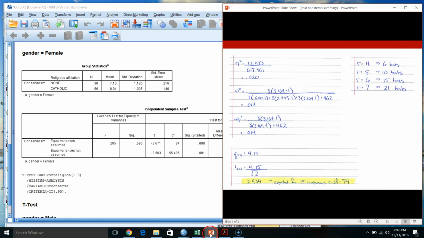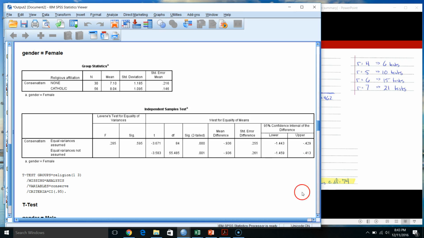But recall that what we need to do is take a look at our modified critical value in order to determine whether or not we're going to claim statistical significance based on our correction for multiple comparisons. And so if we take a look here, our test statistic is 3.67.